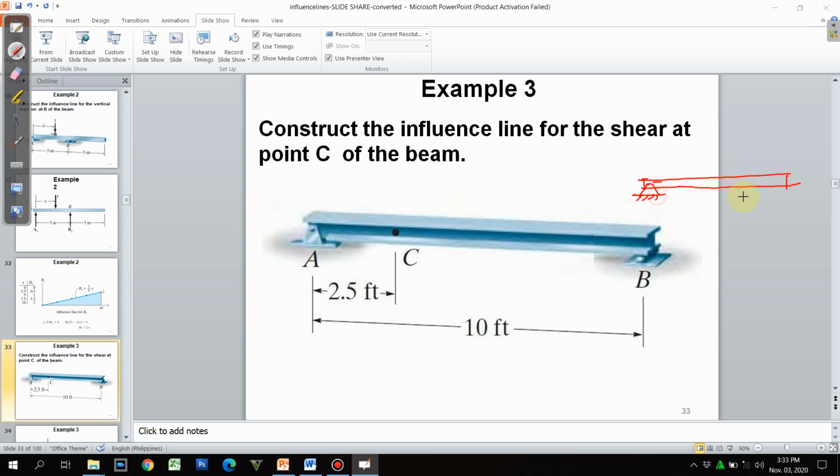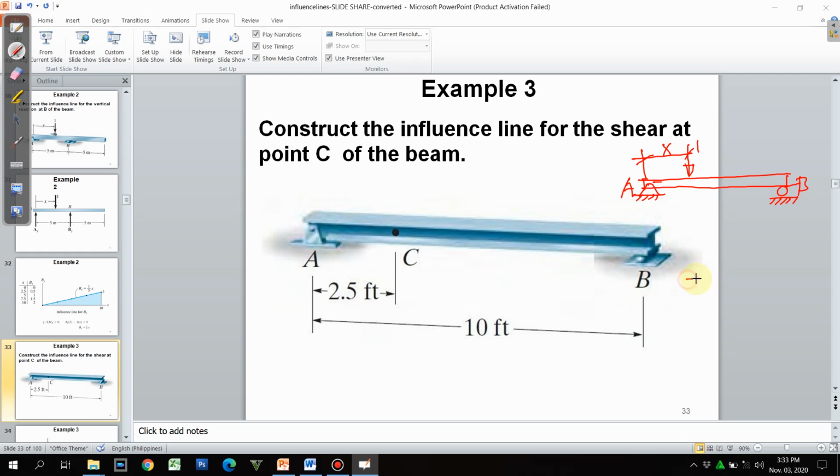There is a pin here and the roller at the other end. Then place your unit load 1, wherein 1 is transferring from one point to another. Say this is A and this is B. Okay, so C is measured 2.5 from A.